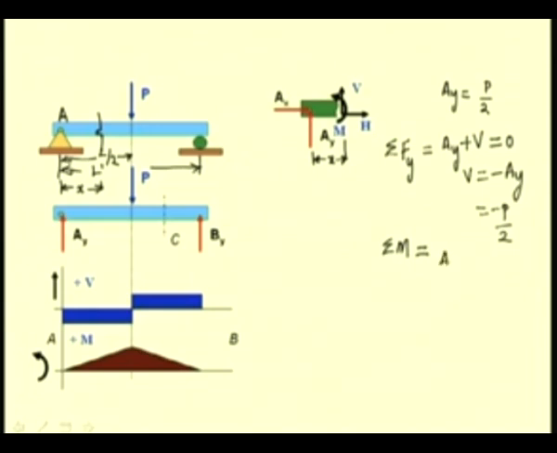So, we have Ay whose moment arm is x and the clockwise moment, so it is negative, and we have this moment M which is positive, equal to 0. So, we get M is equal to Ay times x which is P by 2 times x.